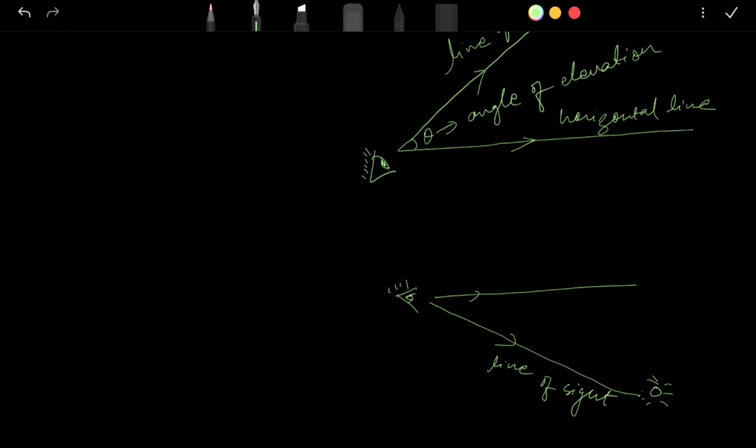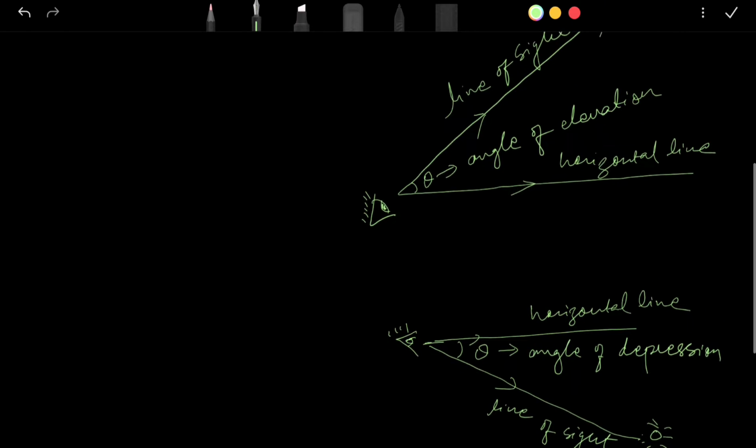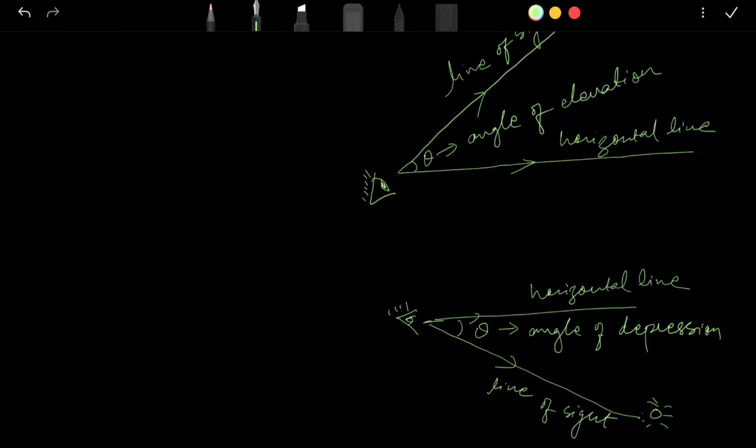The angle between the horizontal line and the line of sight when you view an object which is below the horizontal line is called the angle of depression. These are the concepts we need to understand before solving the problem.